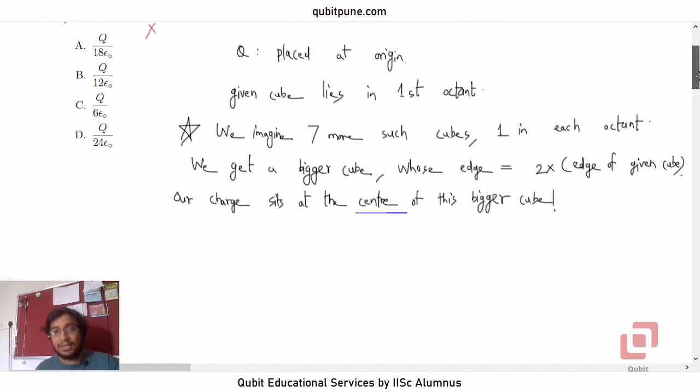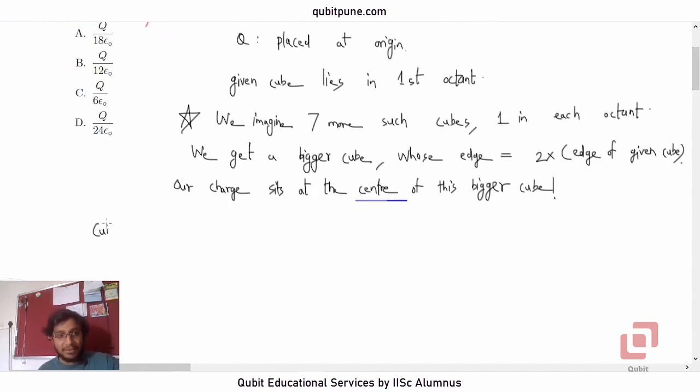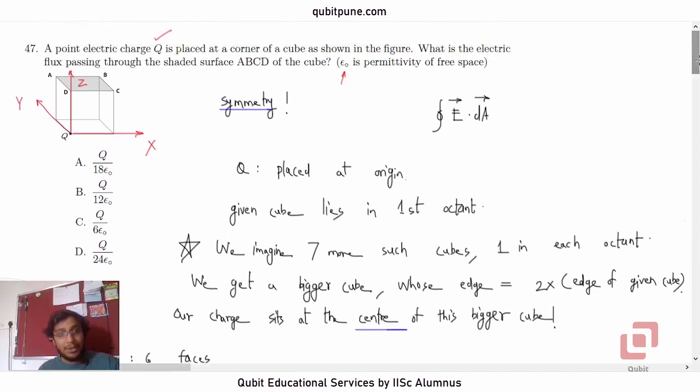We know that each cube is going to have 6 faces. Now one of the 6 faces will be containing ABCD. But in addition to ABCD, there will be 3 more such squares which will be constituting that face, which is in a plane above the XY plane and parallel to the XY plane. So let me try to draw it here.